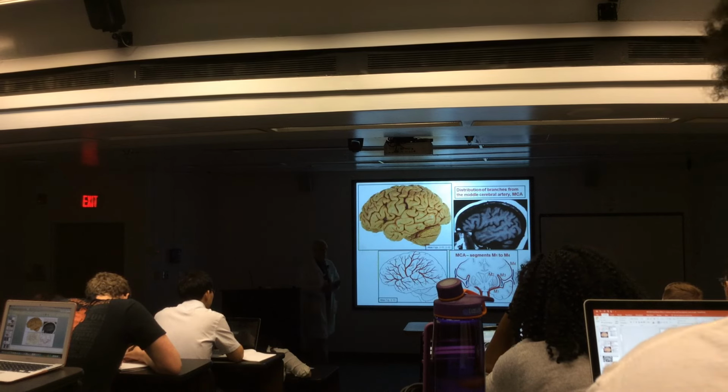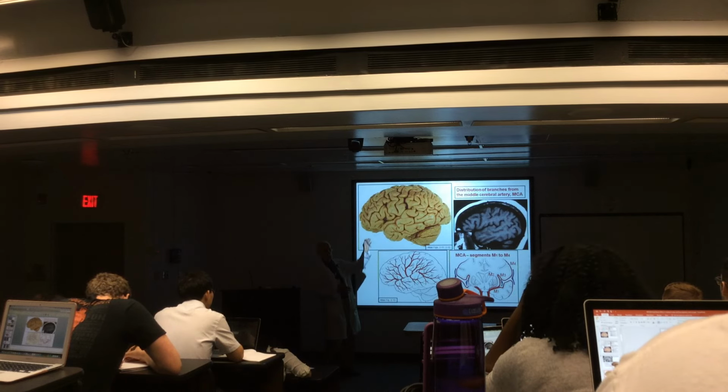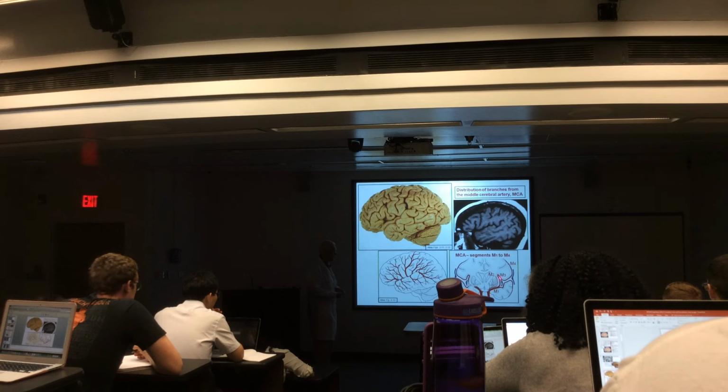The M1 branches into a superior trunk that goes up and an inferior trunk that goes down. So there's a short M2 right here and a long one right here. This one is lying on the surface of the cortex. And these vessels all go up and then they make a sharp bend. The bend is now giving a vessel that is located on the internal surface of the frontal lobe, the temporal lobe, and so on and so forth.